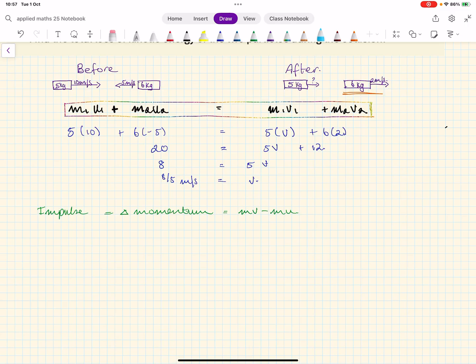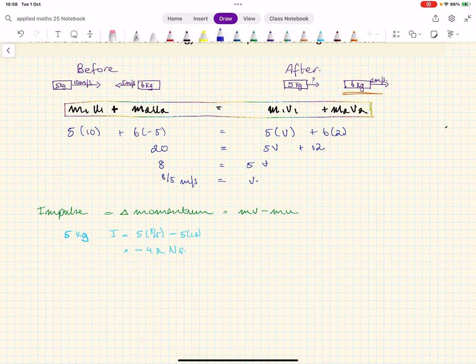So if we're looking at the 5 kilogram particle, we're going to get our impulse is 5 times 8 over 5 minus 5 times 10, which is going to give us minus 42 Newton seconds.